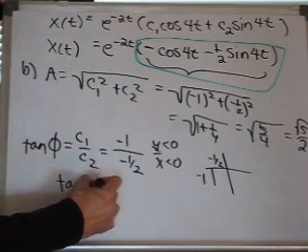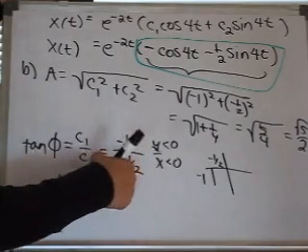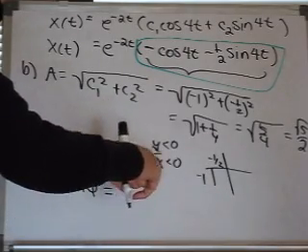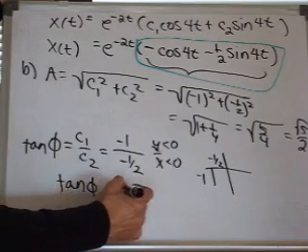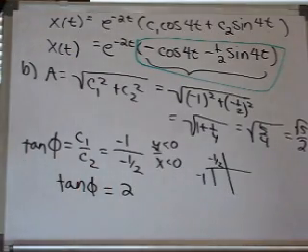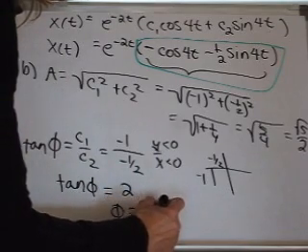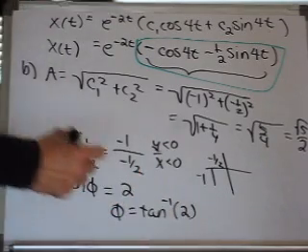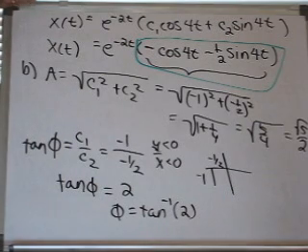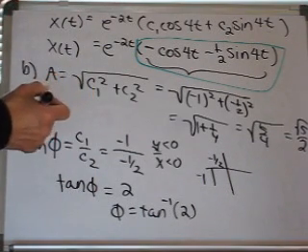If I simplify and flip this to negative 1 times negative 2 over 1, I'm going to get positive 2. And phi is just the inverse tangent of 2. So if I use my calculator, I'm going to get 1.11 radians.